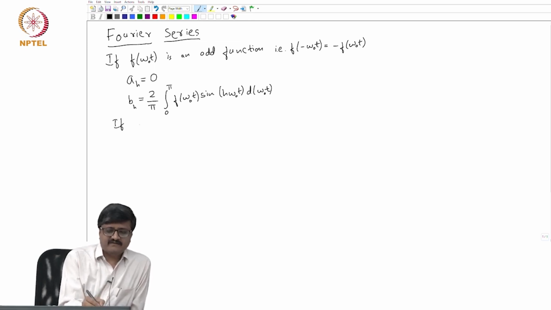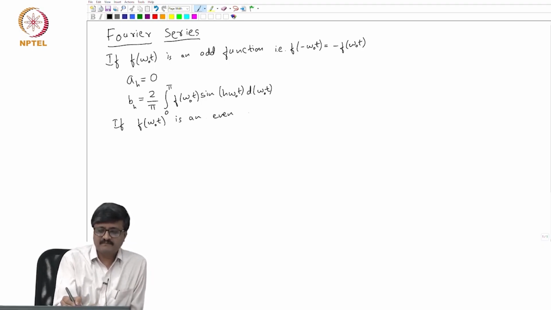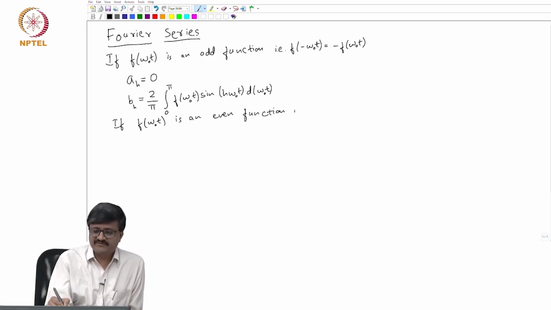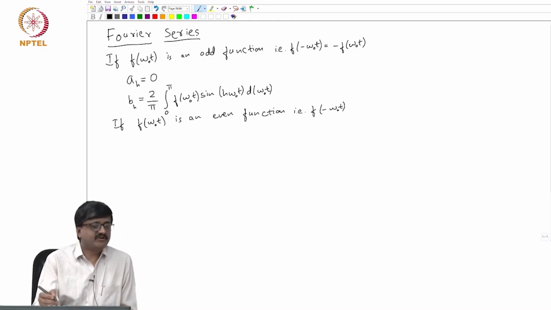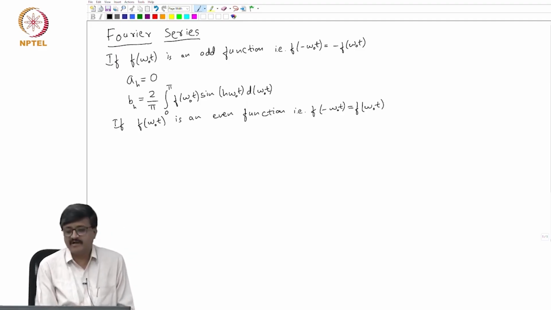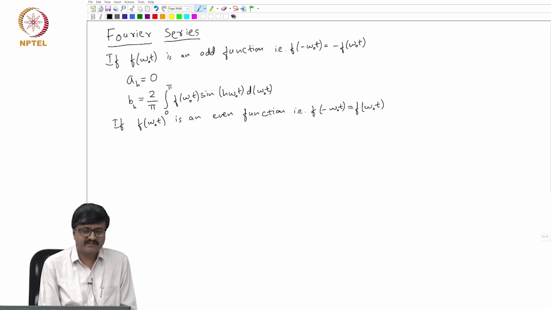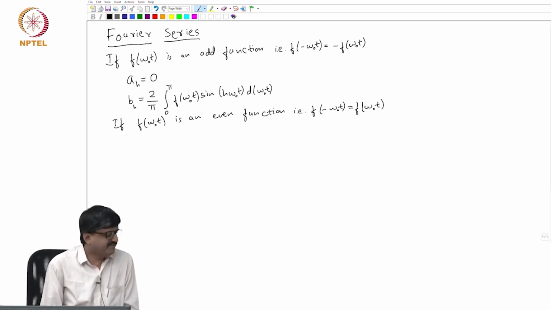If on the other hand f of omega o t is an even function, a function is said to be even if the function evaluated at the negative of an argument is same as the function evaluated at the value of the argument. If f of minus omega o t is f of omega o t, then we say that the function f of omega o t is an even function.